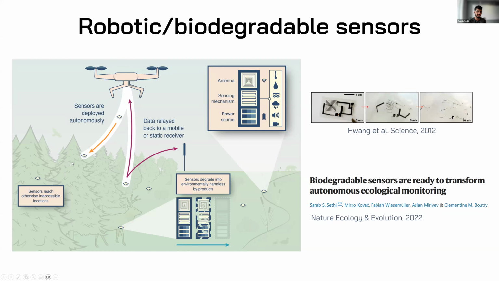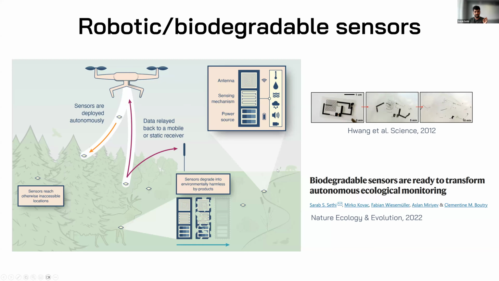It deploys sensors aerially into the area that you want to monitor, and it can therefore reach places that humans couldn't otherwise reach without cutting a trail in a thick forest. The drone can then perch nearby, or the sensors can be read out wirelessly by a receiver that's maybe a kilometer away. And then once the sensors are done with the monitoring, they biodegrade, and there's no need to come back and pick them up.